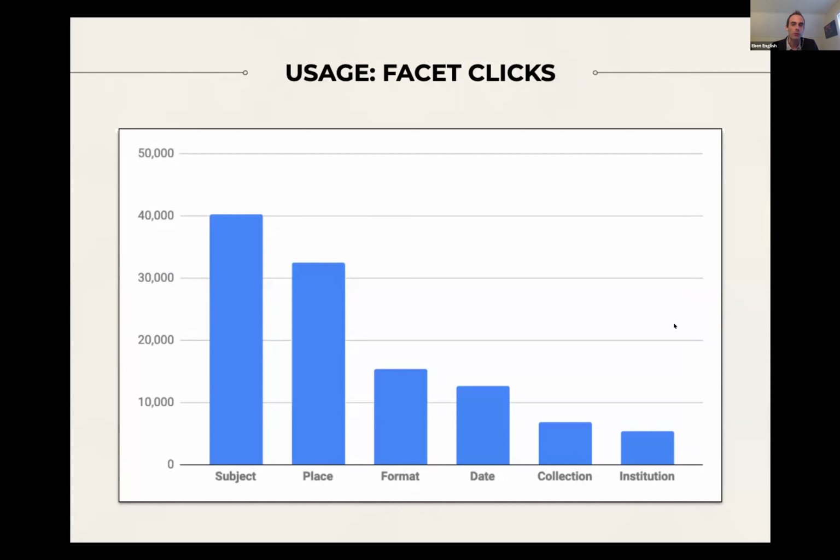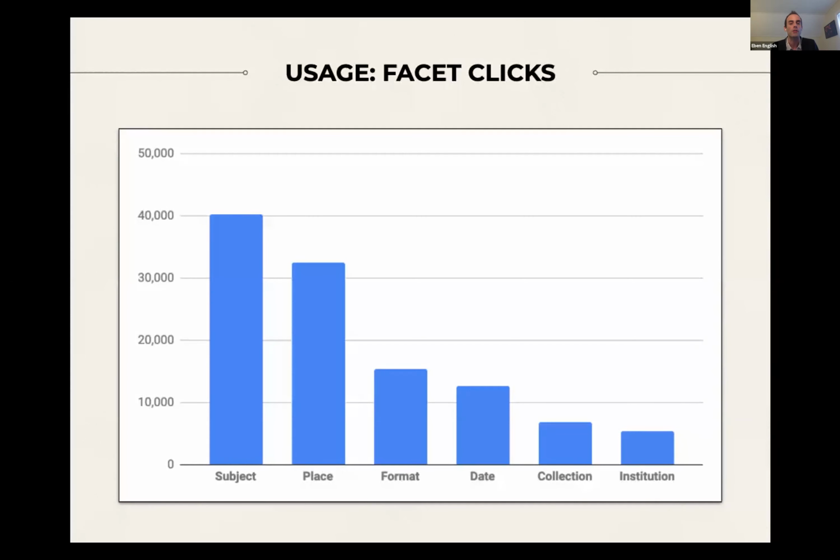And I also like to include this in terms of usage. This is the number of facet clicks in the past year for each type of metadata category that we provide facets for in the search results. So you can see subjects and location are by far the most clicked on metadata facets. That kind of speaks to the importance of description in those areas.